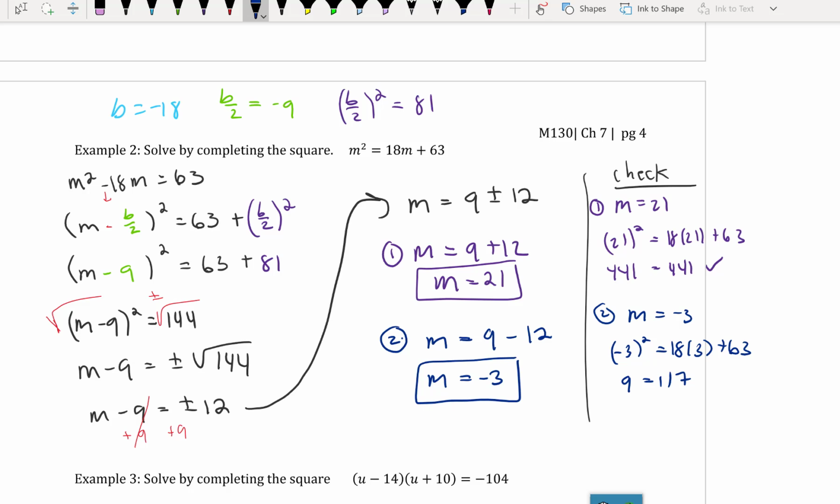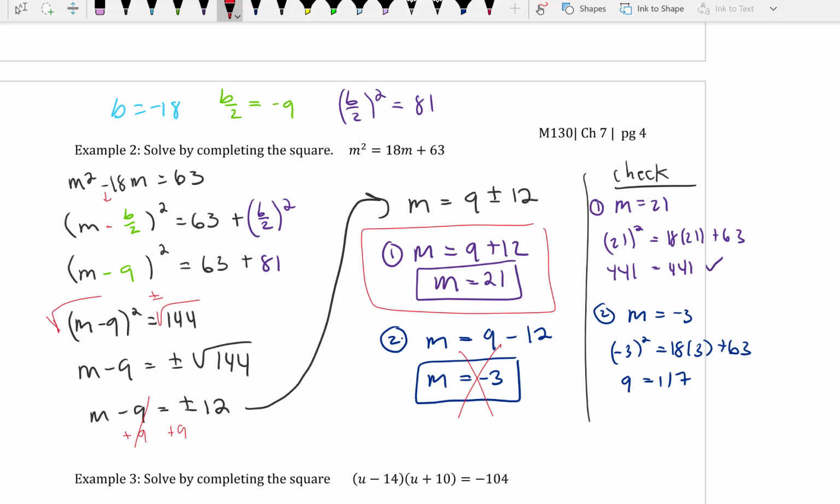Does it make sense? Can 9 be the exact same value as 117? It cannot. So we actually have to throw that answer out. So the only viable answer, we only have one answer, and that one viable answer is m is equal to 21. For m is equal to negative 3, it did not work out.